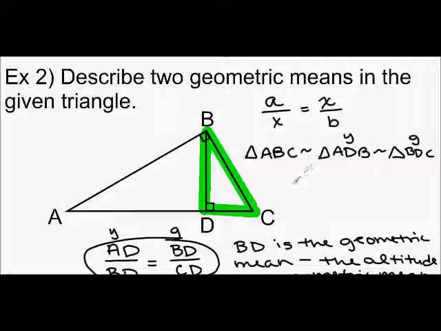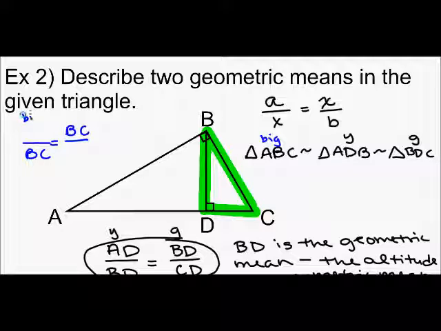So I could say, I'm going to do this one in blue, BC and BC, because that's going to repeat. And this is the big triangle. And again, BDC is the green triangle. Okay, so BC in the big triangle goes with DC in the little one.